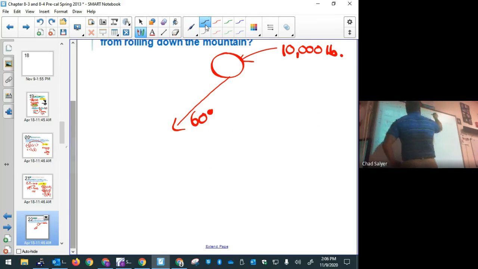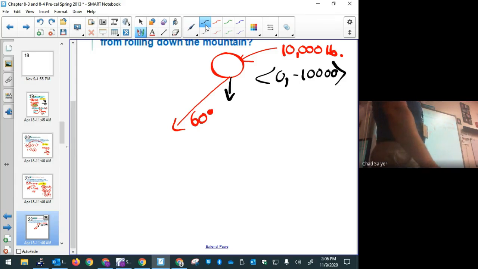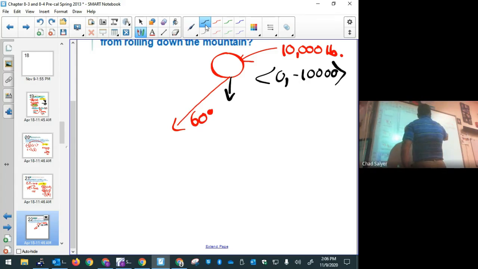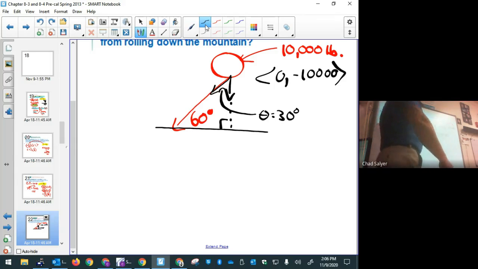So you've got a vector on this boulder going straight downwards with this much force. So the vector is effectively this. And we want to know how much of that force is traveling along this pathway. Well, if we come down here to the horizontal, I can create a right triangle, and I see that this angle is 30 degrees.